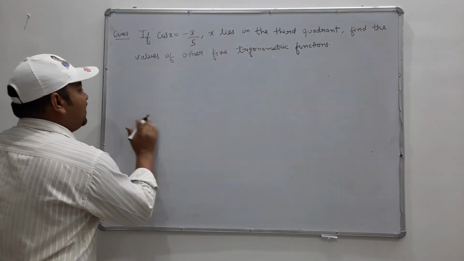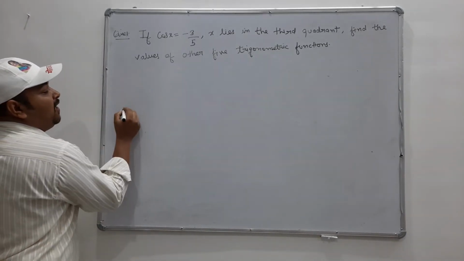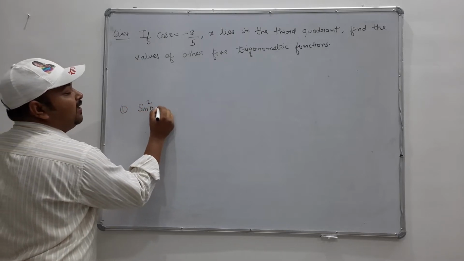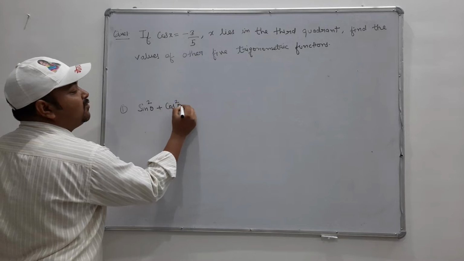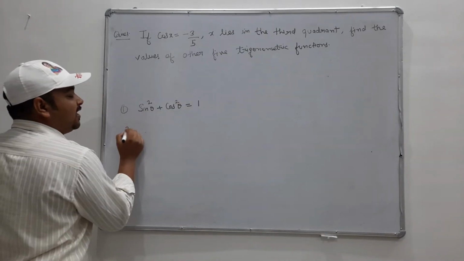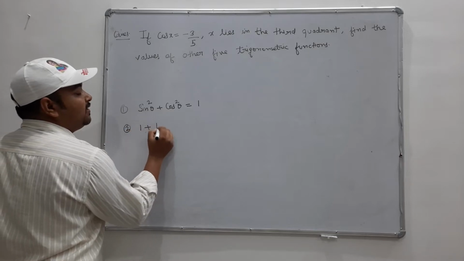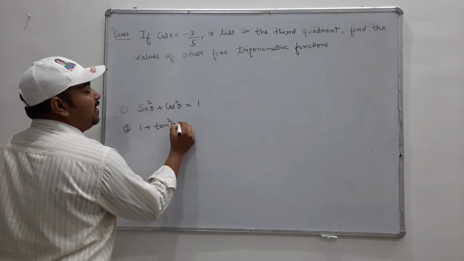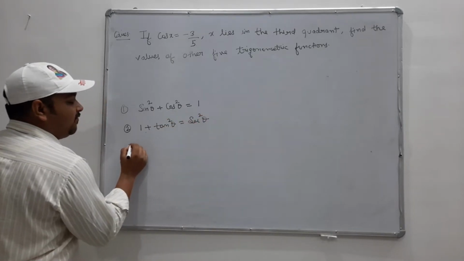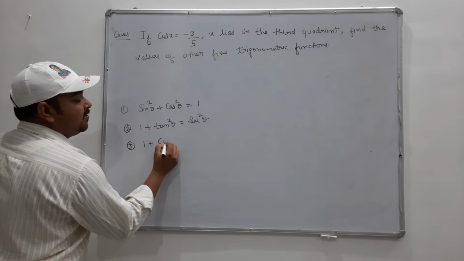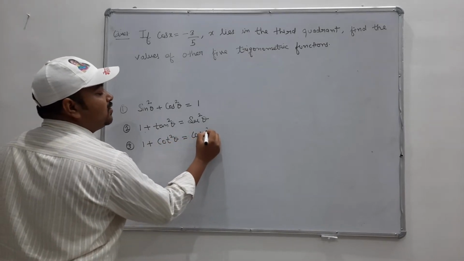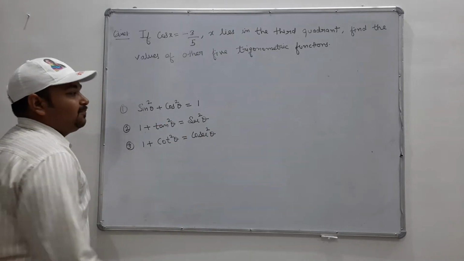In previous class in 10th we have studied the formula sin square theta plus cos square theta is equal to 1, and second one is 1 plus tan square theta is equal to sec square theta, and third one is 1 plus cot square theta is equal to cosec square theta.